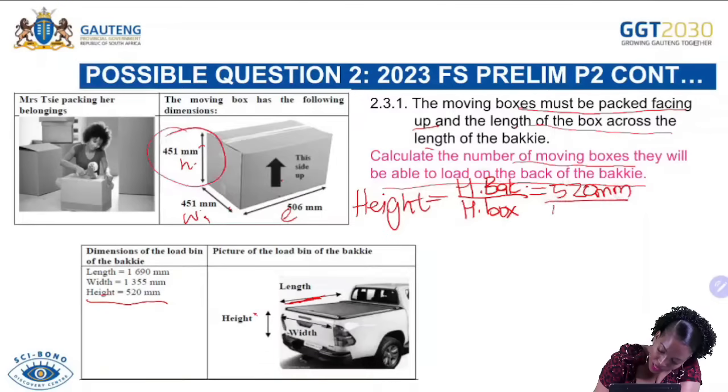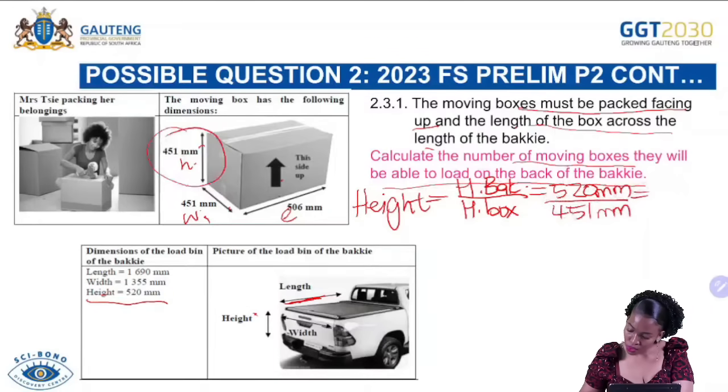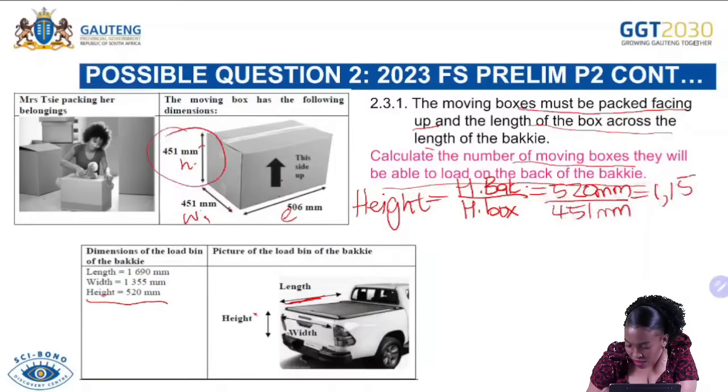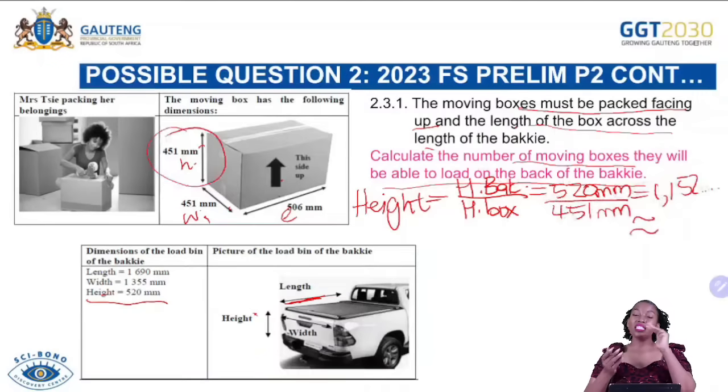It is 451 millimeters. So we will divide the two. We'll say 520 divided by 451. The answer is 1,152 and something.